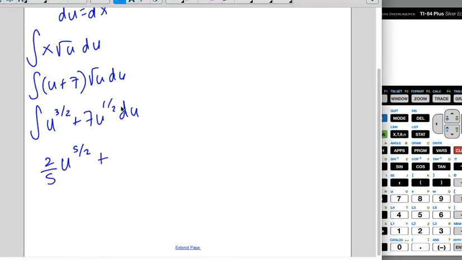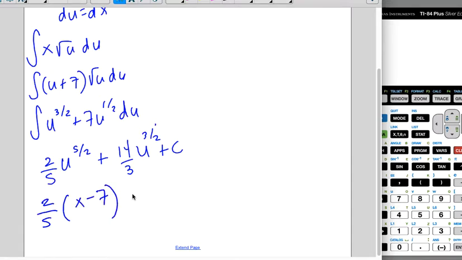I'm going to up the power by 1 and get u to the 3 halves, and then I'm going to times by 2/3, which will give me a 14/3, plus c. And then my last step is to replace what u is, which was an x minus 7 to the 5 halves plus 14/3 x minus 7 to the 3 halves plus c.